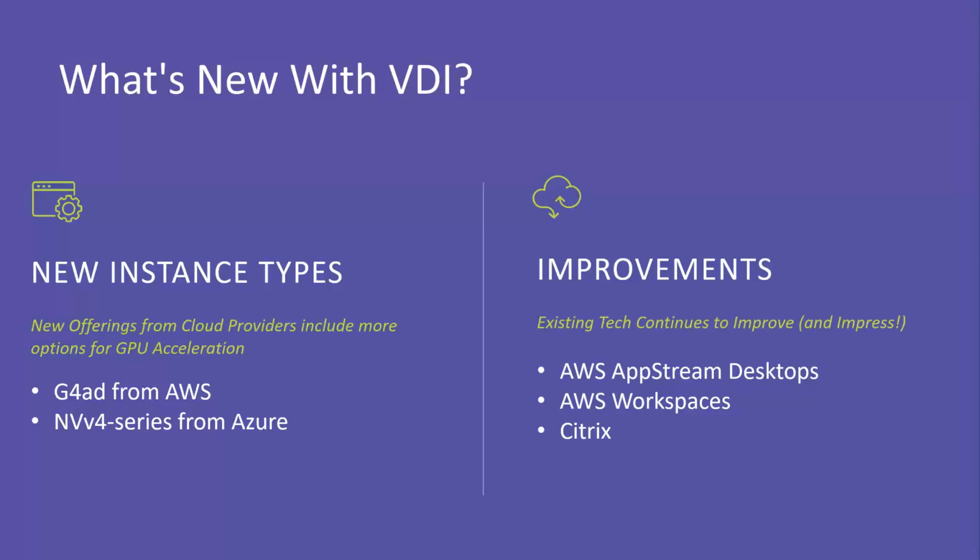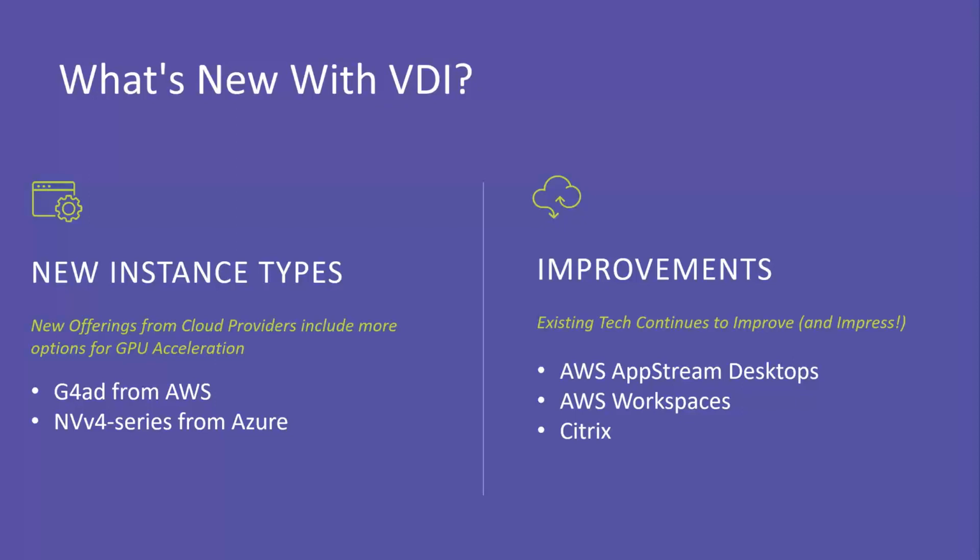Then let's talk about some of the improvements that we've seen with some of these existing VDI solutions, such as Amazon's Workspaces or AWS Appstream. These solutions are pretty much right out of the box, and they really just work without having to get really too deep in the configuration, right? They're not very complex. You can get up and running really quick.